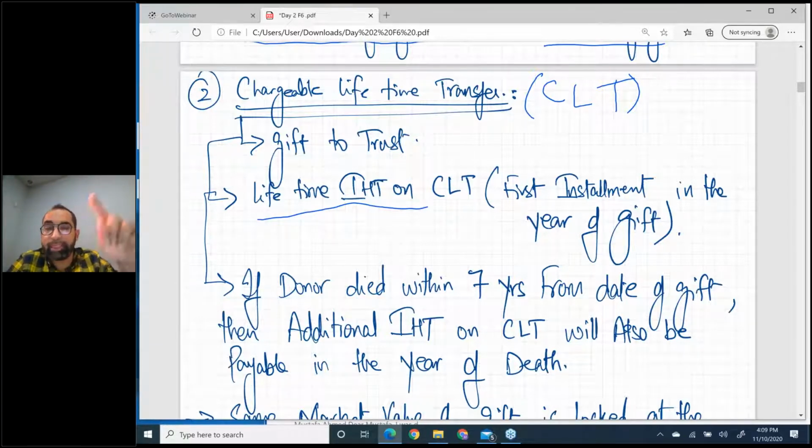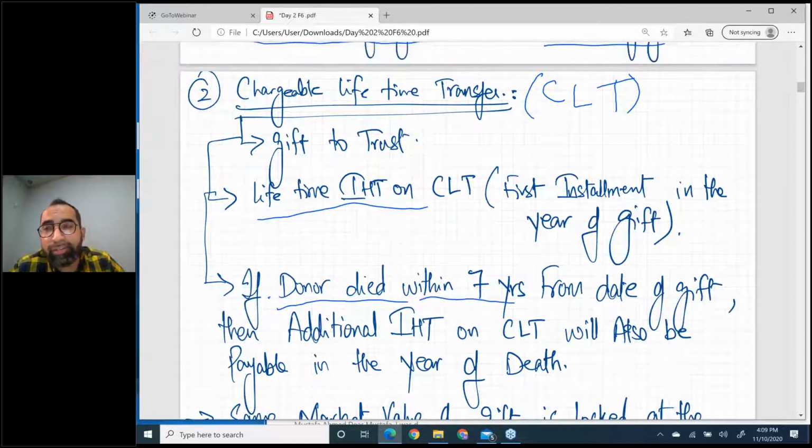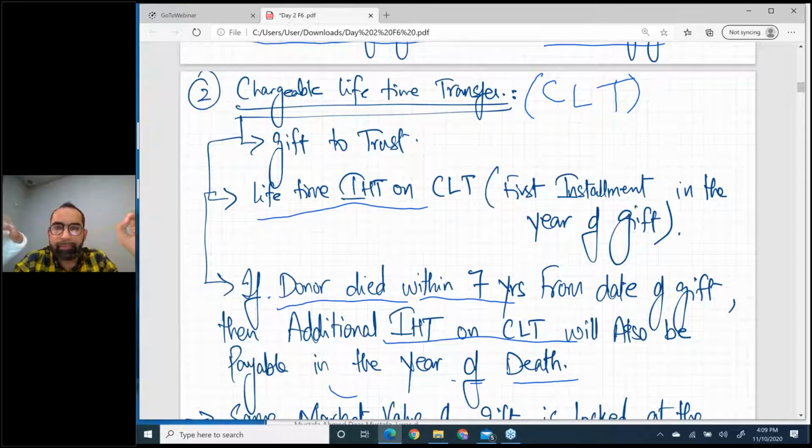Now, one more thing. If the donor died within 7 years from the date of gift, then additional IHT on CLT will also be payable in the year of death. Okay, so in short, there are maximum two types of taxes on CLT.